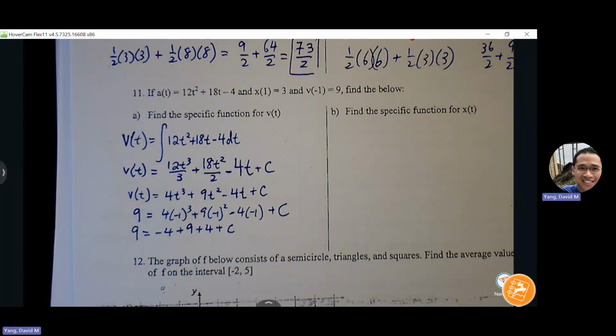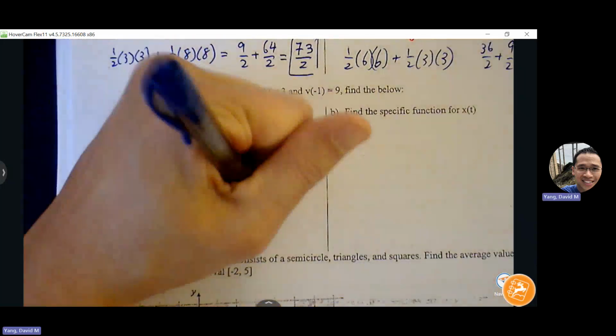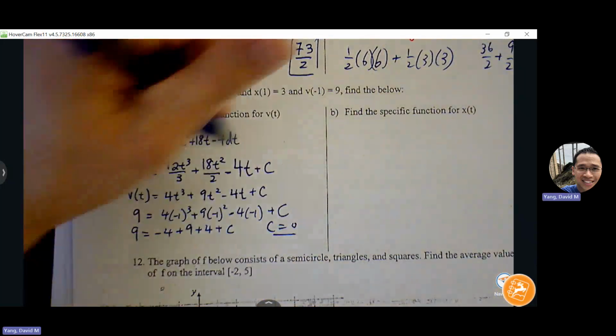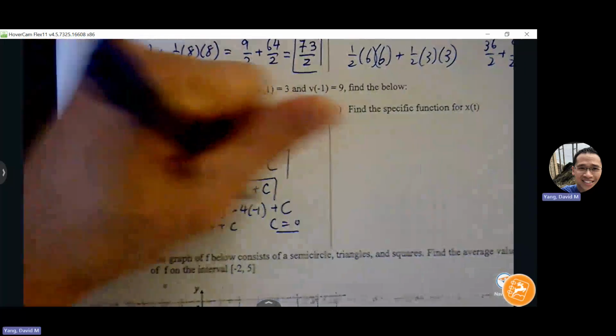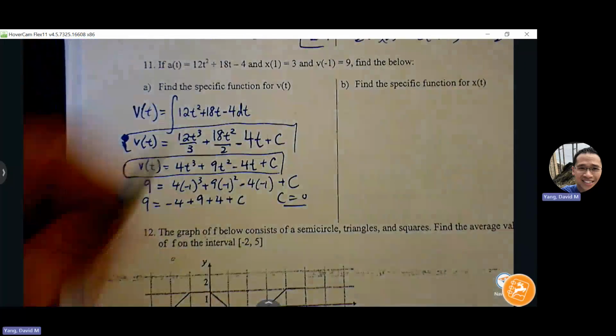Okay, what's my C value? 0. So it looks like I'm not going to have a constant. I can just drop the C, right?